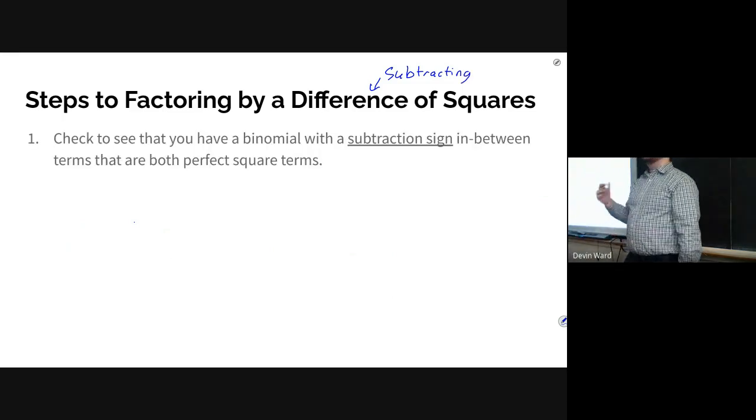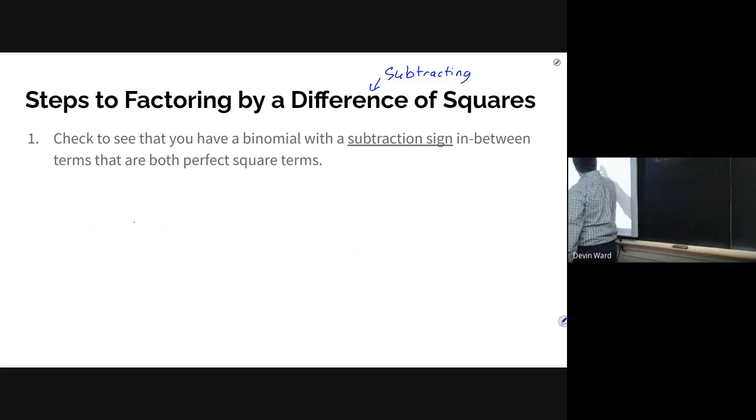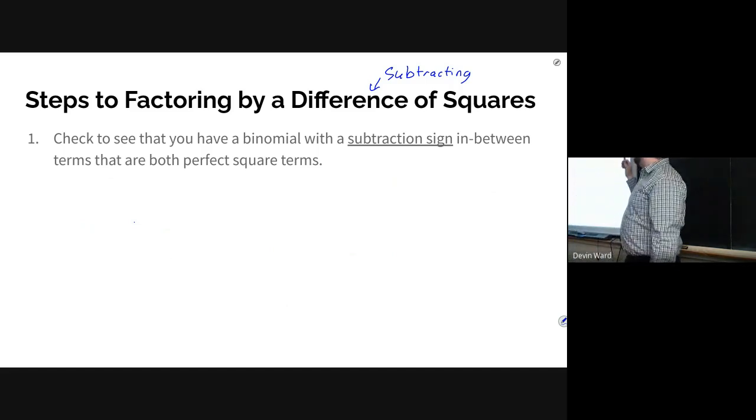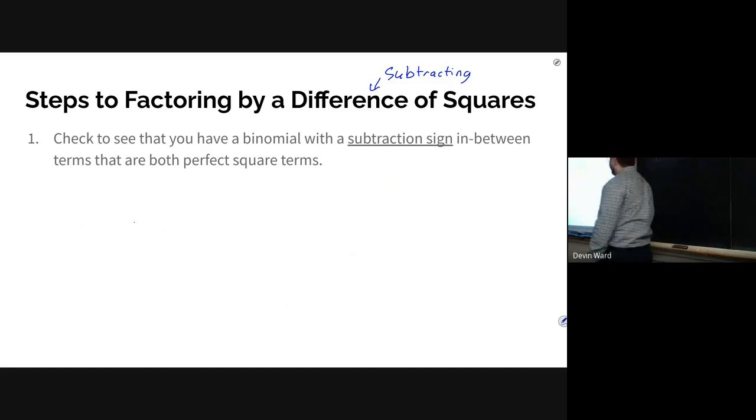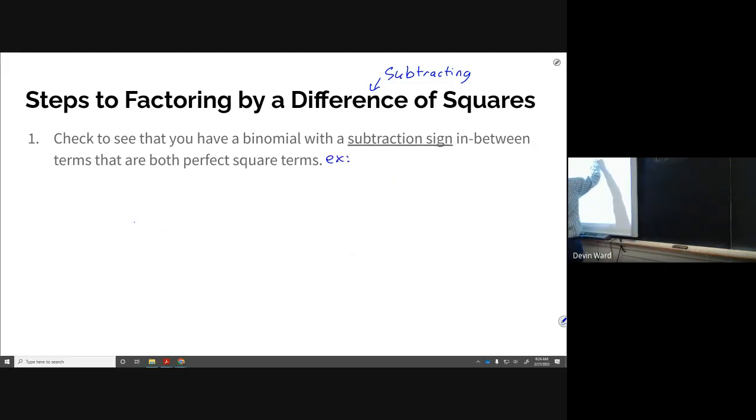So the first thing to do is check and see if you have a binomial with a subtraction sign. It's important that it's subtraction in between, and that both terms are perfect square terms. So something like 25, or x squared, which is also a perfect square because it's x times x.